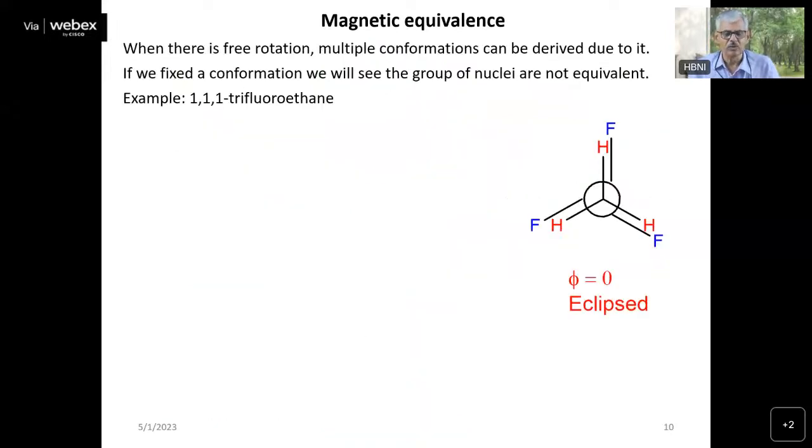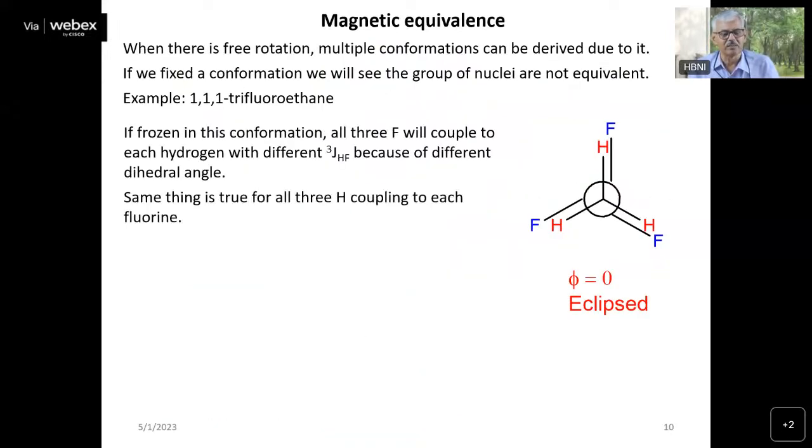This magnetic non-equivalence can also be seen in molecules like this molecule CF3CH3. Although there is free rotation, because of this free rotation, this molecule can have an infinite number of conformations. Let us say we have fixed this conformation where this dihedral angle is 0.